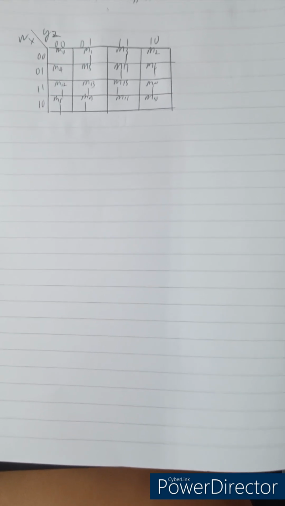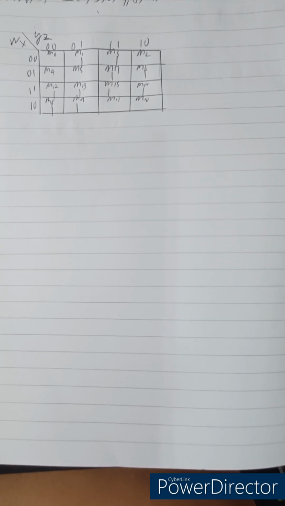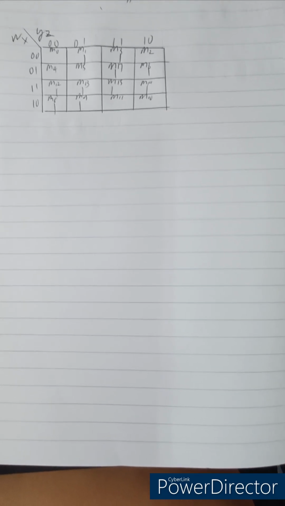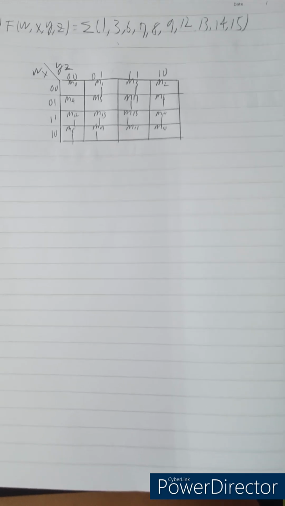A prime implicant is a product term obtained by combining the maximum possible number of adjacent squares in a map. In other words, we need to group the squares in sizes that are powers of 2 as large as possible.